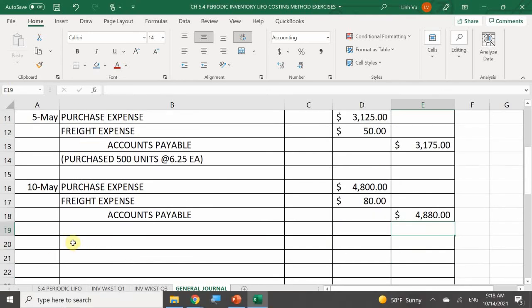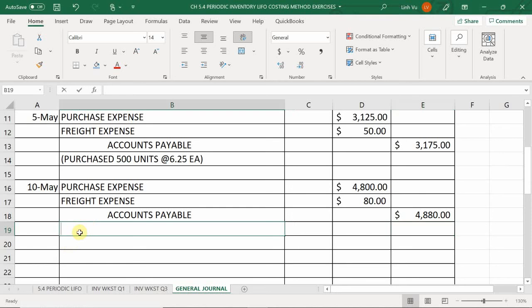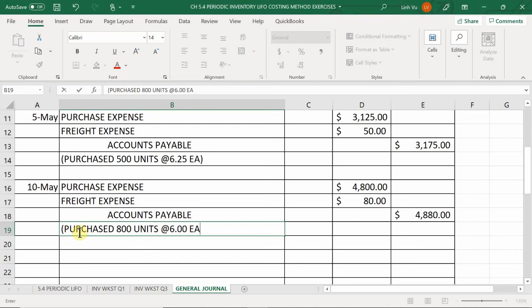And again, I need to make a note that I purchased 800 units at $6 each.